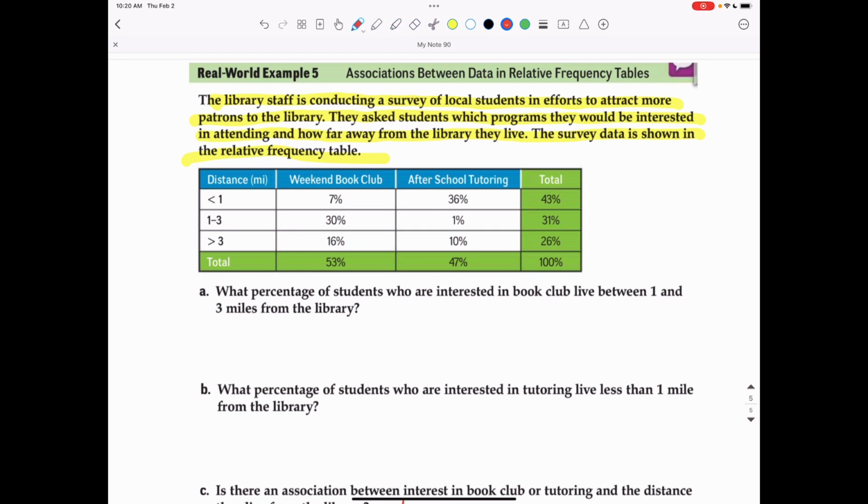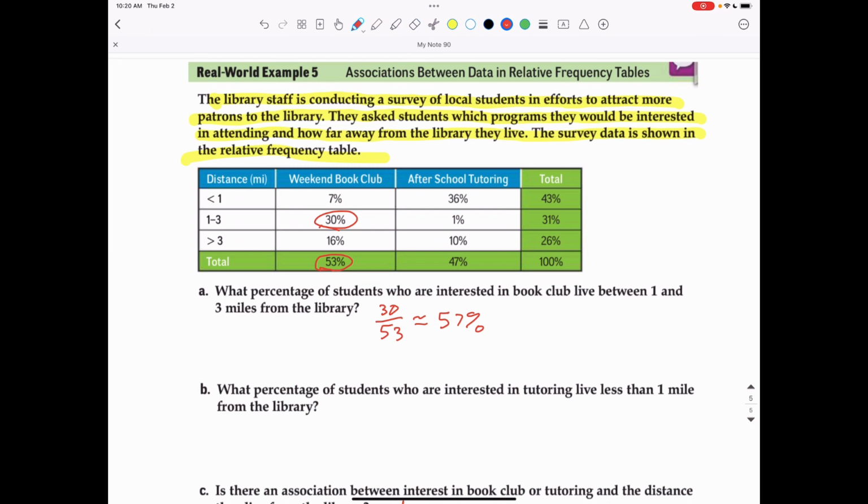So those that are interested in book club is the 53% of the overall total, and those that live 1 to 3 miles away is this 30%. So we will take 30 divided by 53. 30 divided by 53 is approximately 57%.